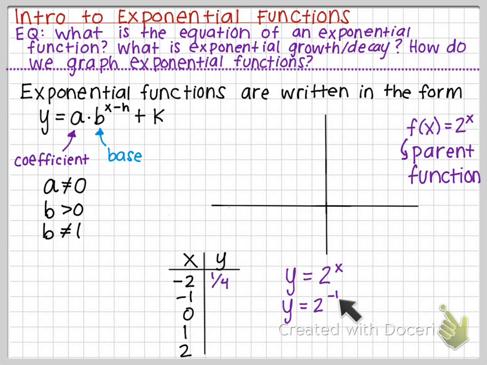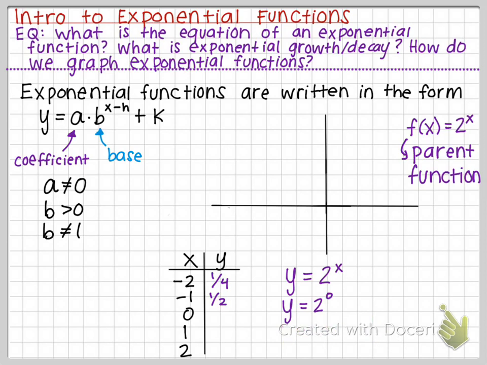Now if we plugged in -1, in the same way, to make this -1 a +1, because we always need to have positive exponents, we're going to move it to the denominator. So our 2 to the -1 turned into 2 to the +1 when we moved it to the denominator. Well, 2 to the 1st power is just 2. So when we plugged in -1, we got 1/2 for our answer.